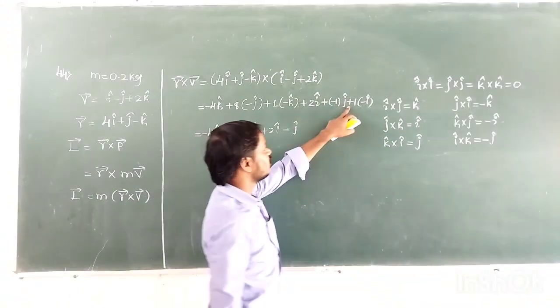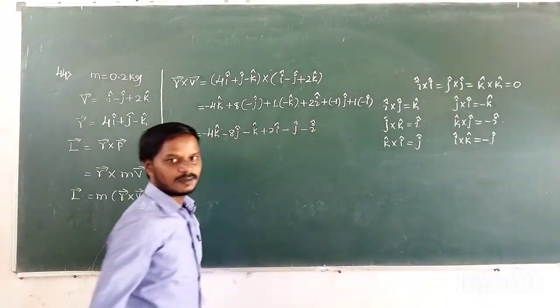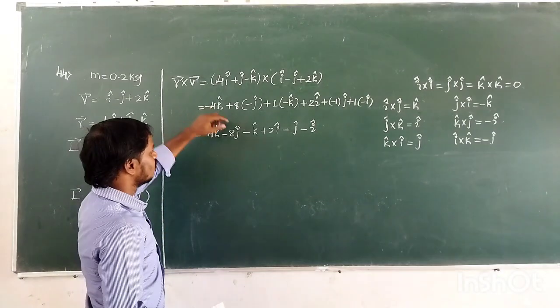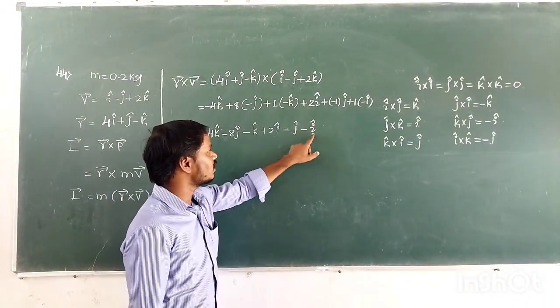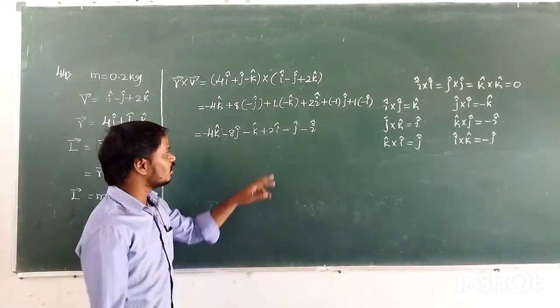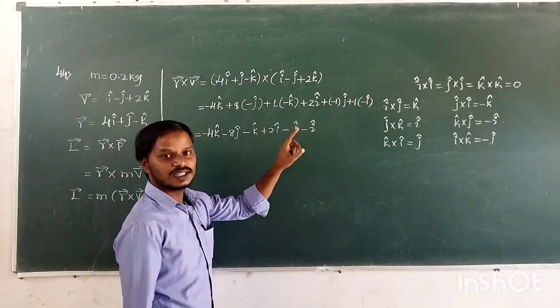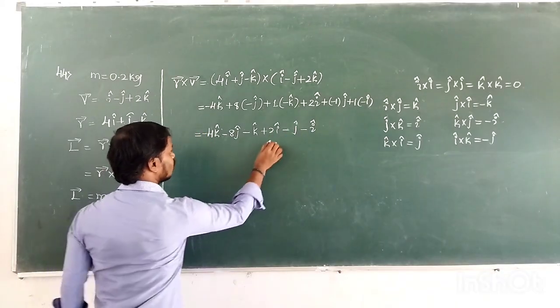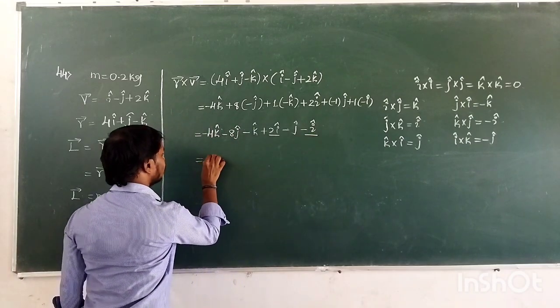Next, plus into minus, minus i cap. So see here, 2i minus i is i cap.